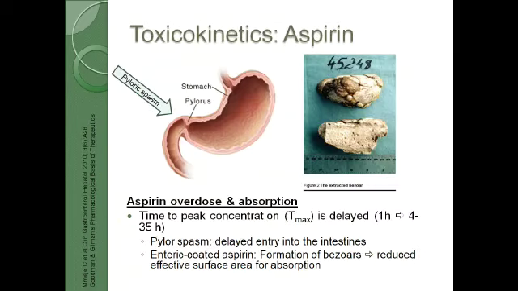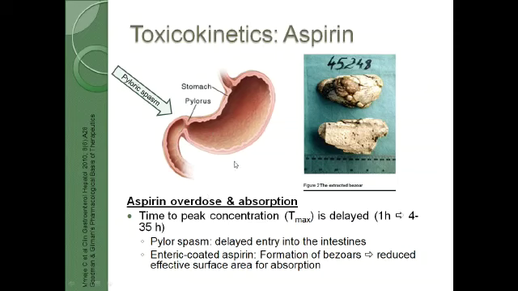So, if we continue with toxicokinetics of aspirin, at overdose, time to peak concentrations may be delayed. It may be prolonged to 4 to 35 hours. Why? Because at overdose, aspirin causes a pyloric spasm, which delays the entry into the intestines.